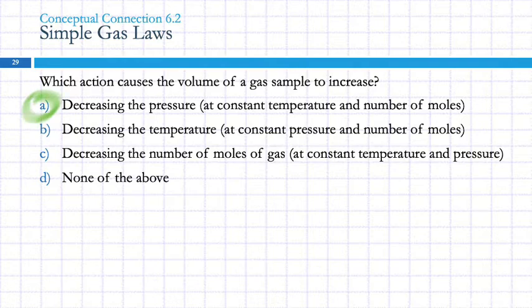If we decrease the pressure on the gas, that allows it to expand and get bigger. If we decrease the temperature, that causes it to shrink up. If you decrease the moles of gas, if you take some gas out, it's going to get smaller. Any questions?